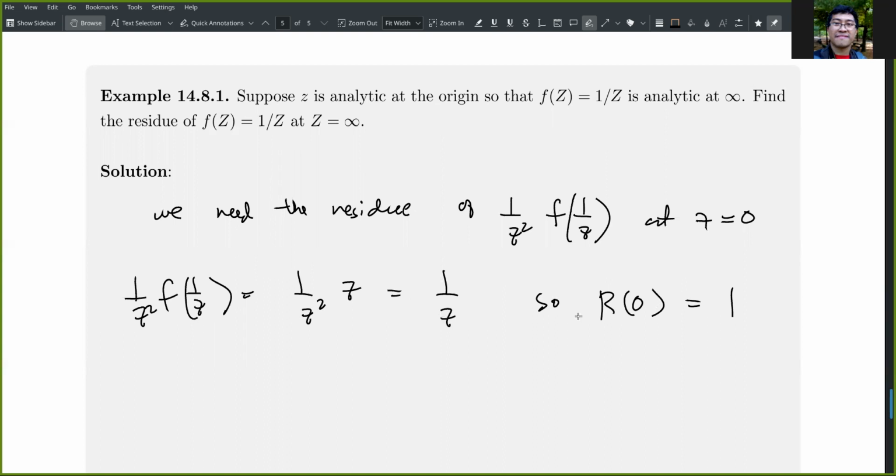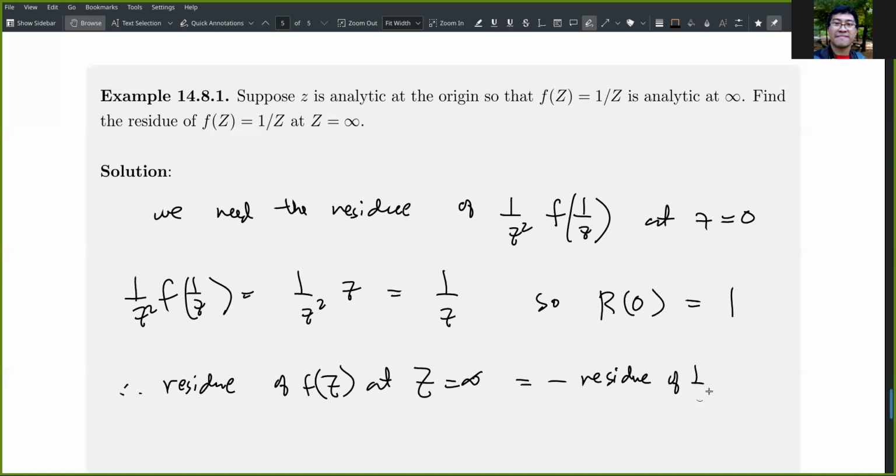So the residue at 0 is 1. Therefore, using the formula, the residue of f(Z) at Z equals infinity is just equal to the negative of the residue of 1 over z squared f(1/z), small letter z, at z equals 0, which is just, this one is 1, so the answer is minus 1.